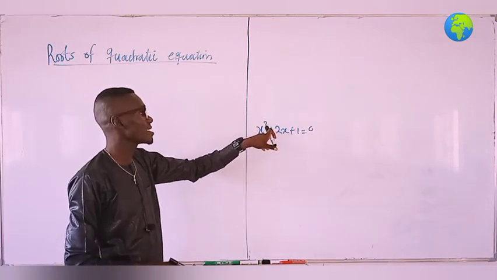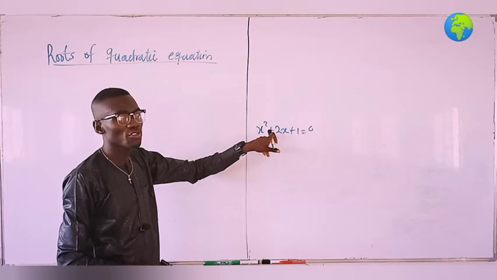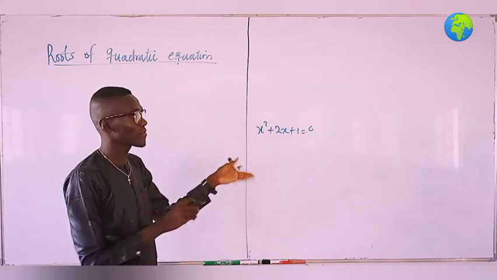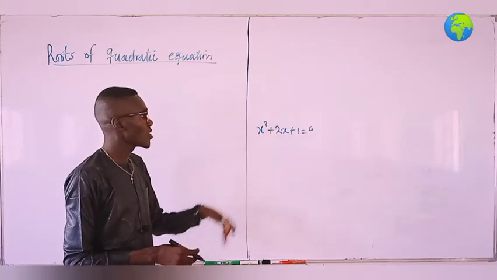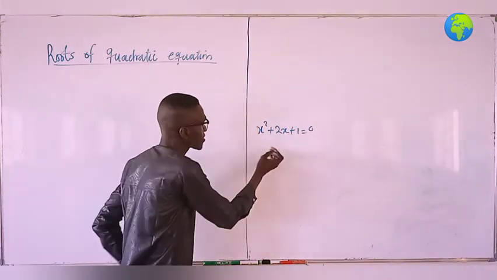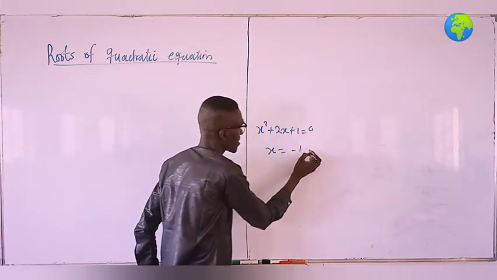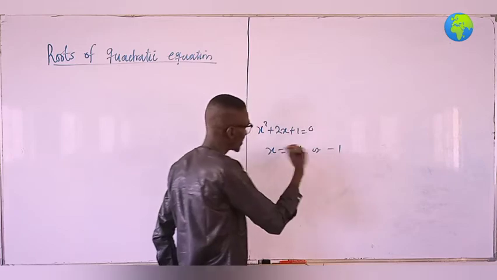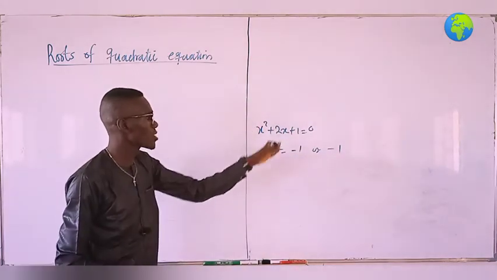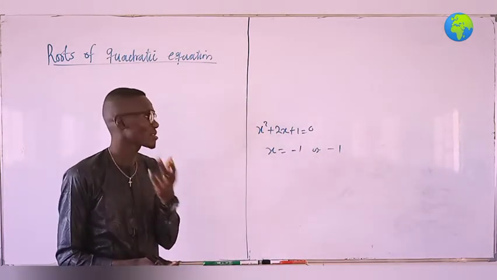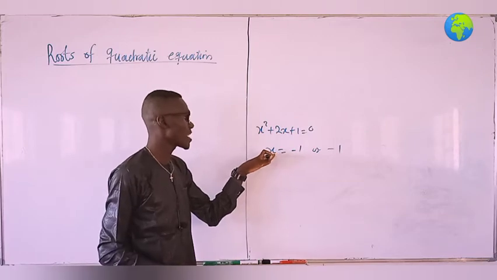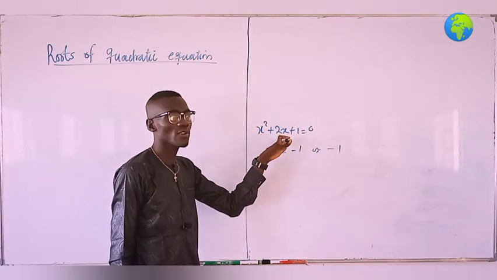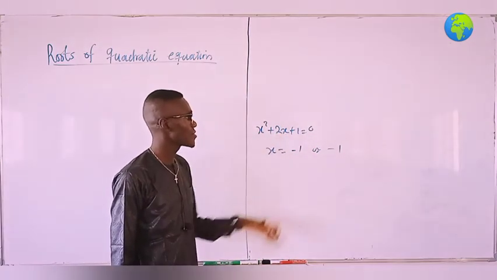If I change this to be minus 1, it will be a different case, because I'm going to have two different results, minus 1 and 1. But for this very one, since we have just one result, x equal to minus 1, we said minus 1, the same result. But when you see the plus or minus, that means I'm going to have two results. And this very answer for x that satisfies the equation is what we call the root of the quadratic equation.